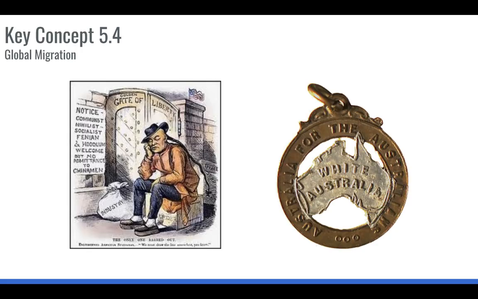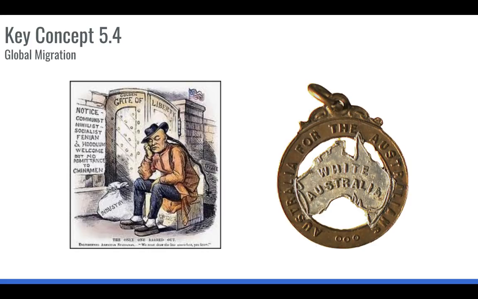For example, in the United States, the influx of Chinese immigrants that were building the railroads in the West and then coming to work on farms in America becomes seen as a threat to the American way of life, or a threat to America itself, to have these East Asian Chinese migrants arrive.